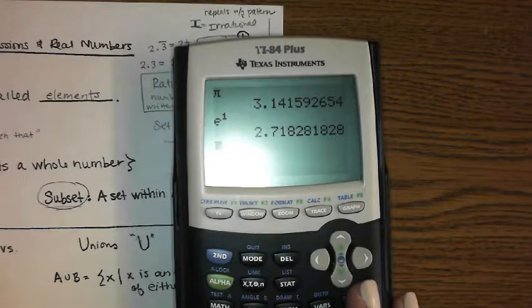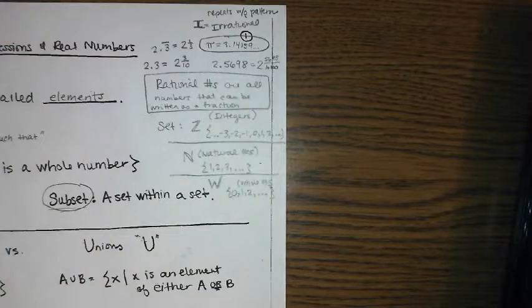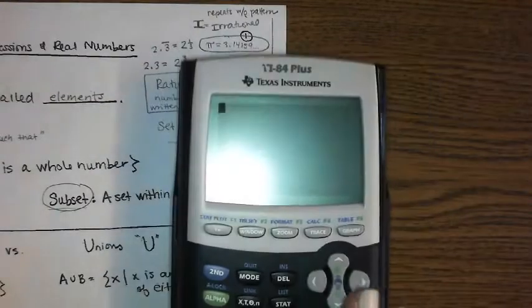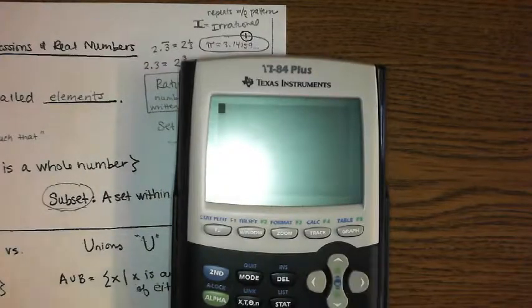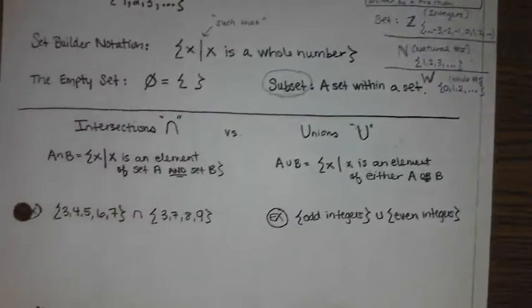Any other irrational numbers you can think of? On the calculator, you really can't. You just have to know that. Pi and e are the two main irrational numbers that we work with in math, at least at this level. So it's a good point. You wouldn't be able to.